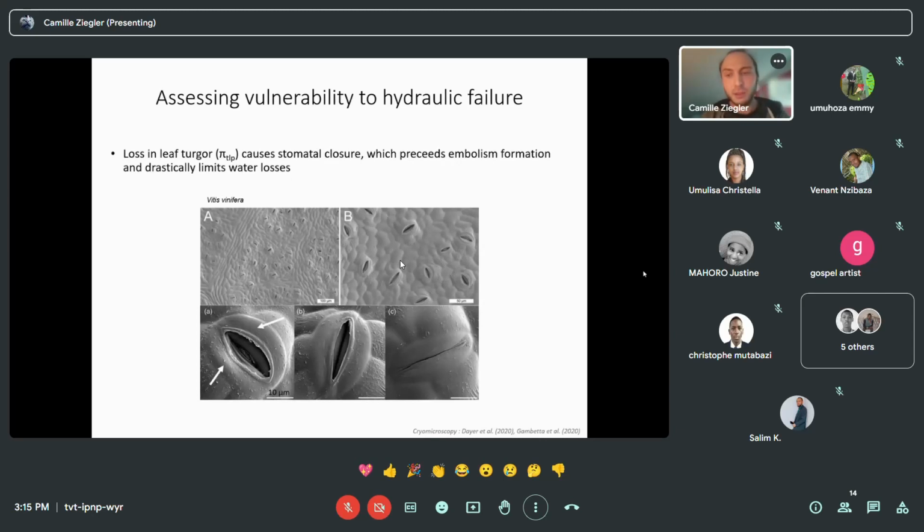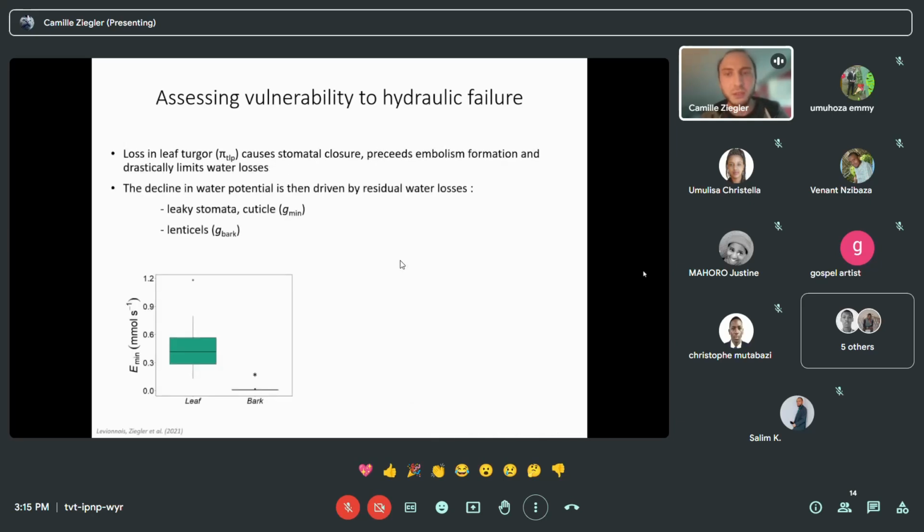But even after stomatal closure, plants will continue to lose water through what we call residual water losses. Through leaves, through leaky stomata that didn't close well, or through cuticles, which is the leaf surface. For leaf water losses, we call it G-min. Plants will also lose water through the bark, through lenticels, which are small holes in the bark. We've already observed this with our own eyes.